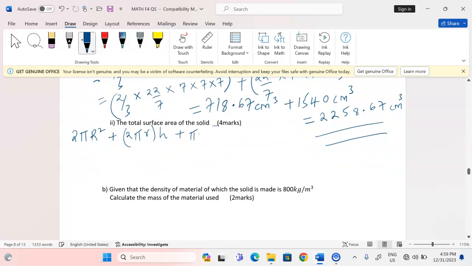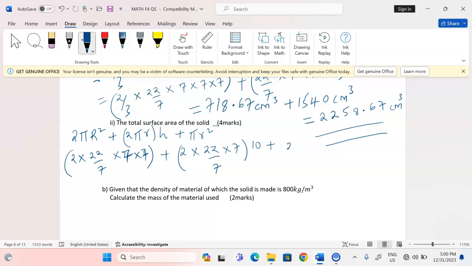It's going to be pi r squared. Therefore, we can now substitute 2 multiplied by 22 out of 7 multiplied by r squared, 7 times 7. Then we add 2 multiplied by pi multiplied by r, then times height, which is 10, plus the base, which is circular, so pi r squared.